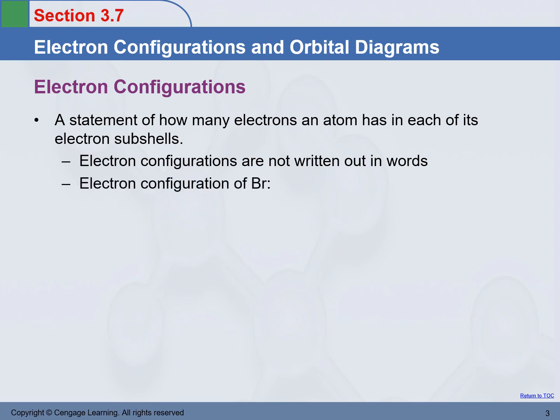Let's look at bromine. What is the electron configuration of bromine? That's exactly what we had on the last slide. What we did is we configured all the electrons of bromine into their corresponding subshells. We wrote out the electron configuration of bromine.